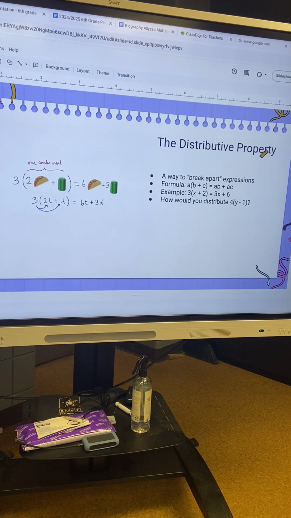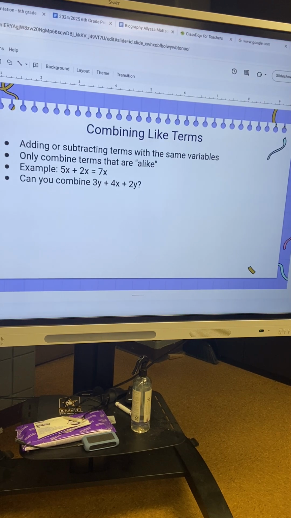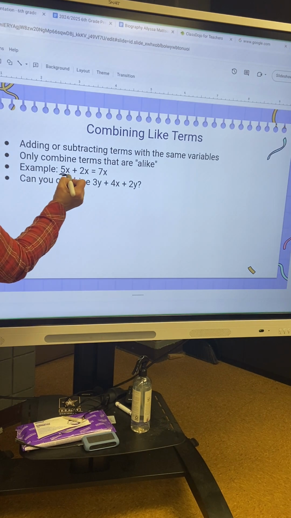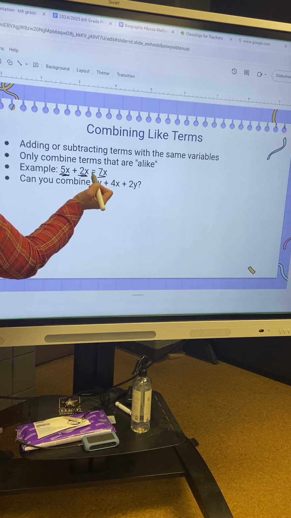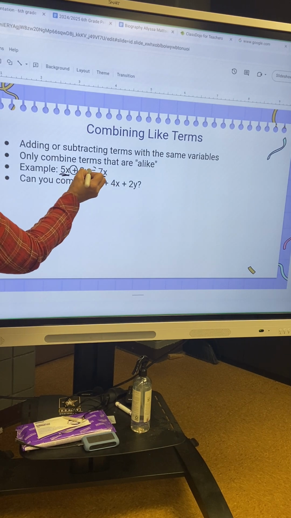All right. So now we also can combine like terms when we are making equivalent expressions. Adding or subtracting terms with the same variables, or multiplying terms with the same variables. Remember, the variable is the letter. Okay, and remember, terms are between mathematical signs, right?